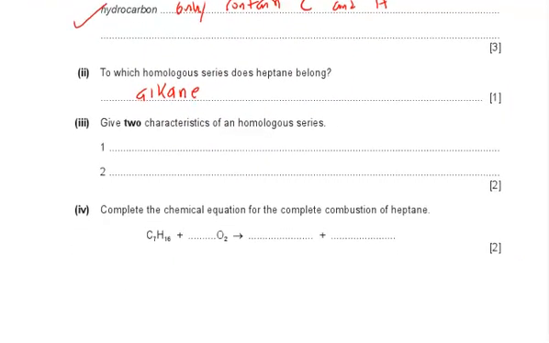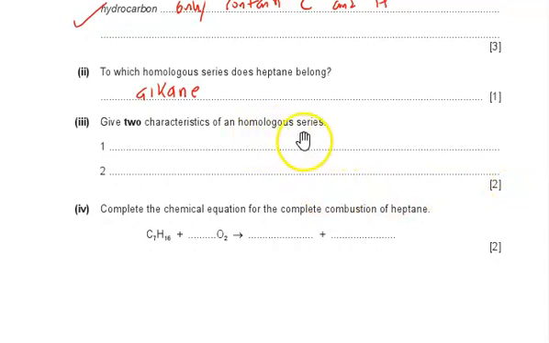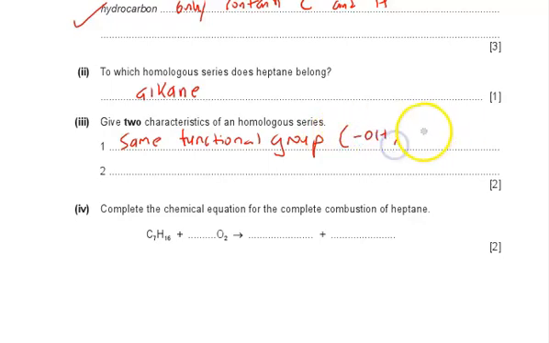Give 2 characteristics of a homologous series. So number 1, they will have the same functional group. Functional group is something like, if it is an alcohol, you have OH. If it's a carboxylic acid, you will have this.